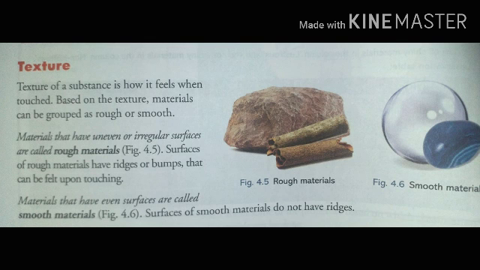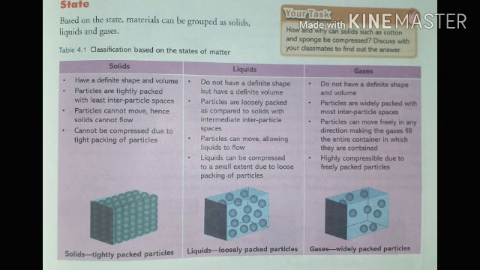Okay, so next property is the state. Based on the states, materials can be grouped as solid, liquid and gases. There are some points. Solids have definite shape and definite volume, whereas liquids do not have a definite shape but have a definite volume.